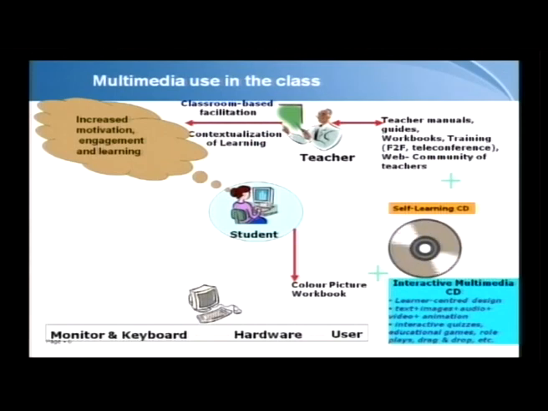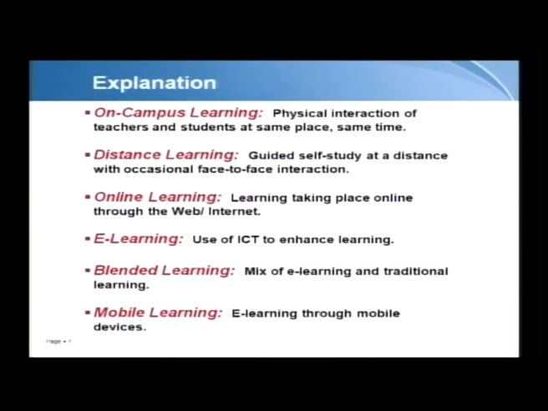I must give a few explanations for your clarity, because on-campus education is basically the physical interaction between students and teachers, and there is contiguity. They learn at the same place, same time, real time. It is argued often that because one is face to face, one doesn't find enough space to reflect while learning, and therefore after-classroom reflection contributes to more learning than reflection within the classroom.